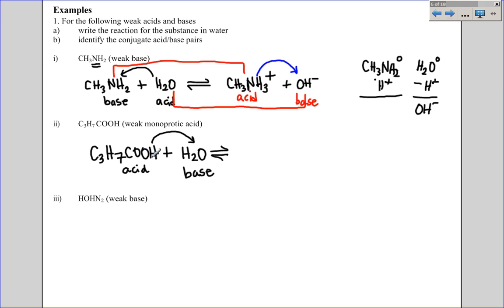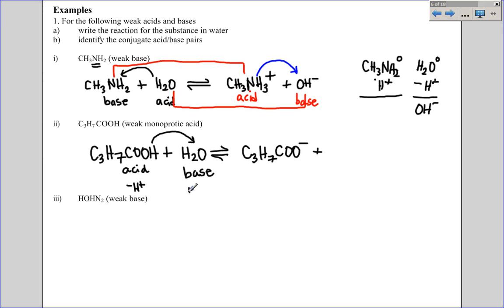For the products, we're going to take away the H+. The atoms I have left are C3H7COO, and for the charge, I had no charge and I've taken away H+, so I'm left with a negative charge.